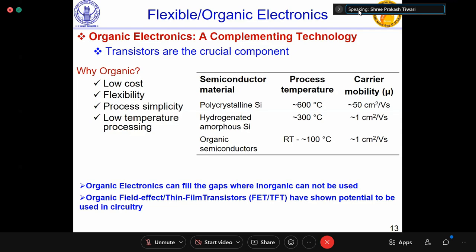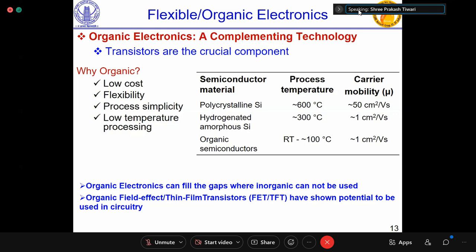Now, why go from polysilicon to hydrogenated amorphous silicon? Because polysilicon is deposited at 600 degrees centigrade. If you are thinking about this kind of semiconductor on any flexible substrate, 600 will not be suitable. Then people spoke about hydrogenated amorphous silicon, but that is also deposited at 300 degrees. So though flexible devices can be made, very few substrates can withstand these temperatures.